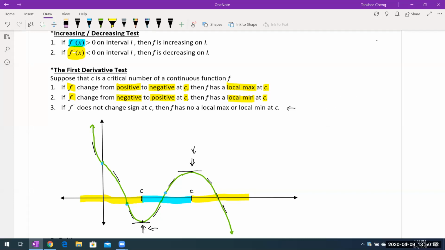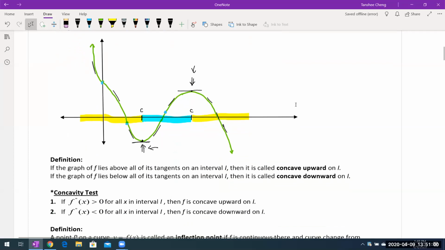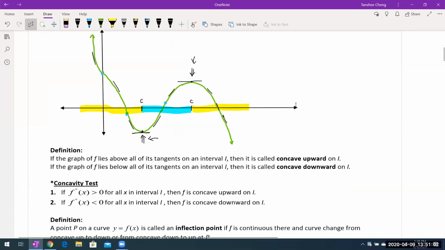So the next step is continuing and looking at the other case. What is the concavity that I mentioned earlier, right? You can see that on the left side of this point, the graph is upwards, and on the right side of this point, the graph is downwards.